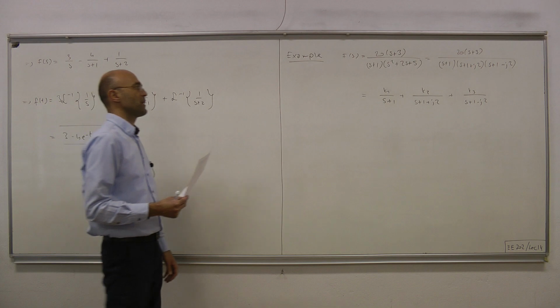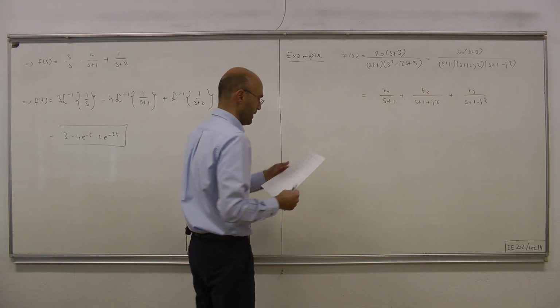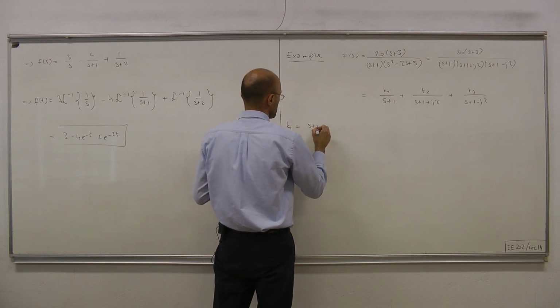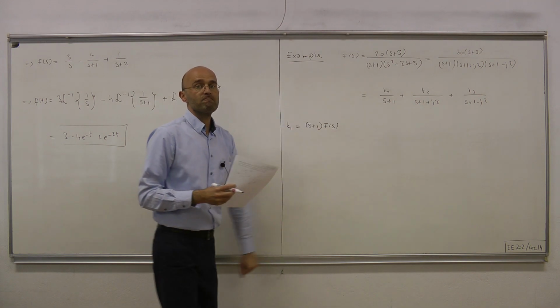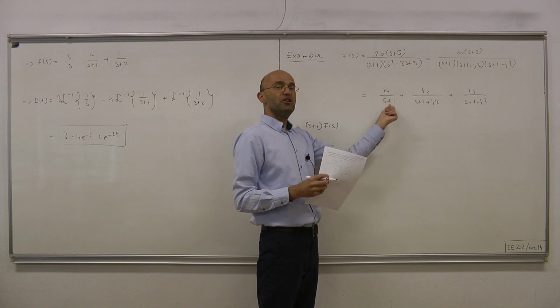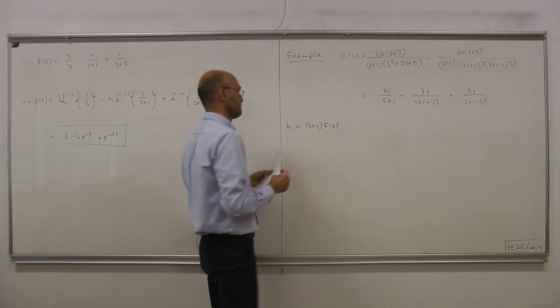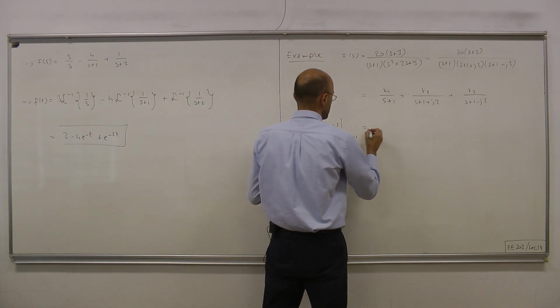So let's begin with k1. k1 is (s plus 1) times F of s evaluated at the value of s which makes the denominator 0. That is evaluated at s equals minus 1.